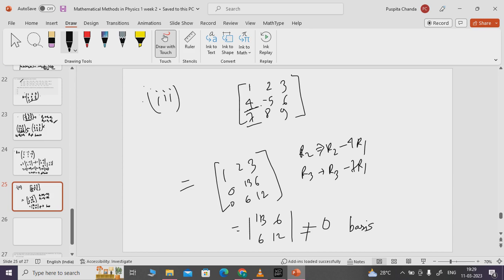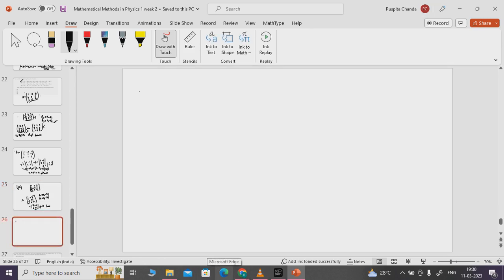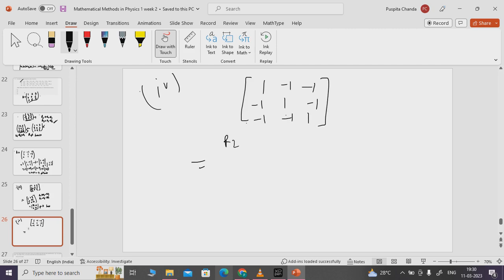When you are attempting this kind of MCQ and you are sure about it, from your intuition you can see that it will not be 0. The next matrix is 1 minus 1 minus 1, minus 1 1 minus 1, minus 1 minus 1 1.